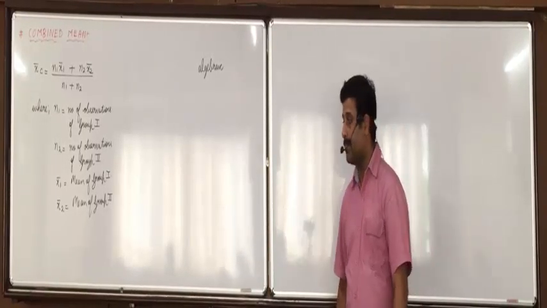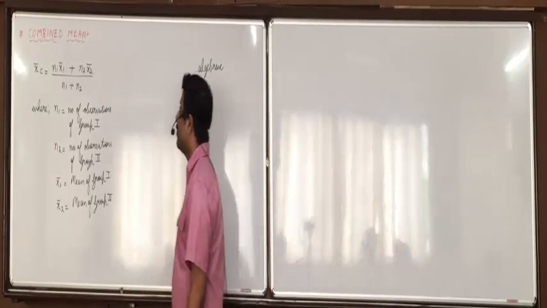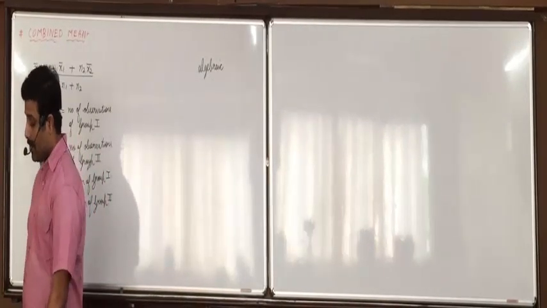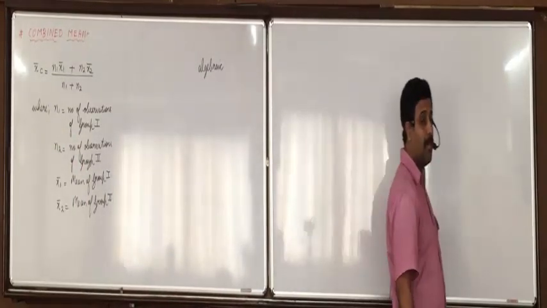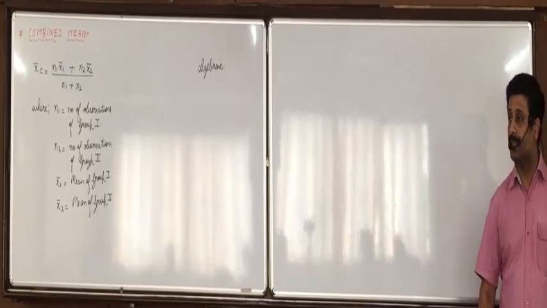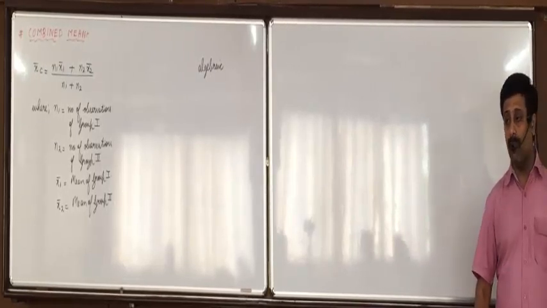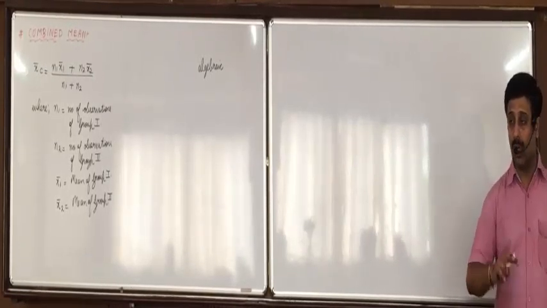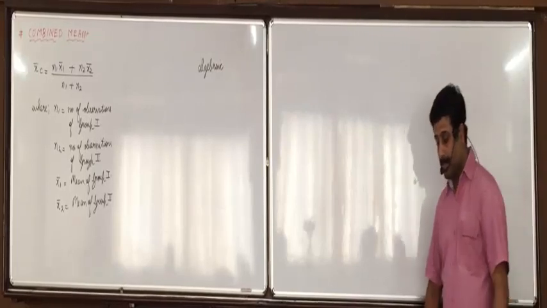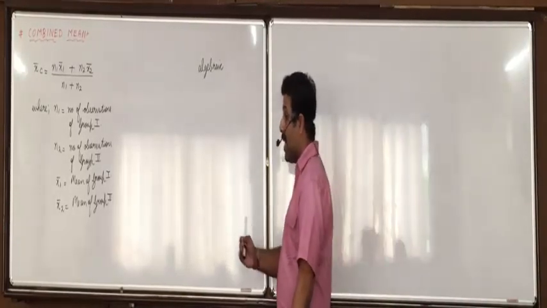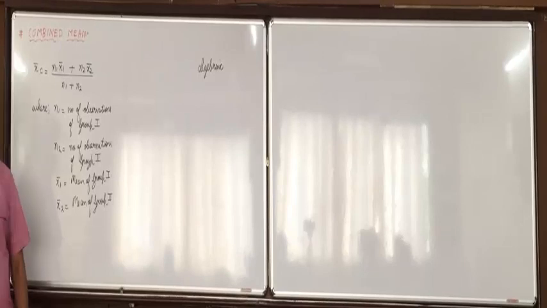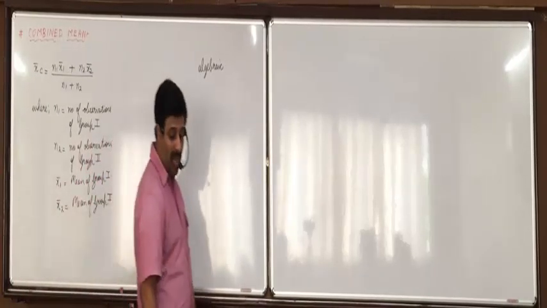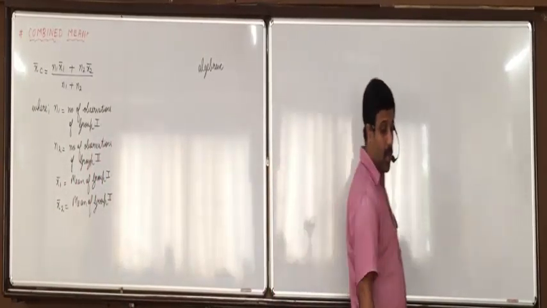It means if two or more groups' means are known, comma, then the combined mean of all observations can be obtained.